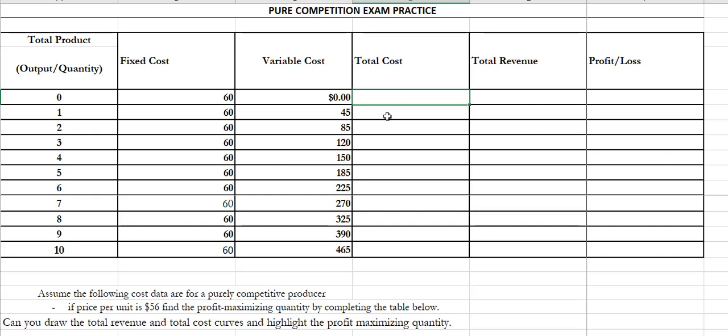We would add them together. So at output level 0, fixed cost is 60. Remember, you gotta pay that no matter what. And variable cost is 0. So total cost would be 60.